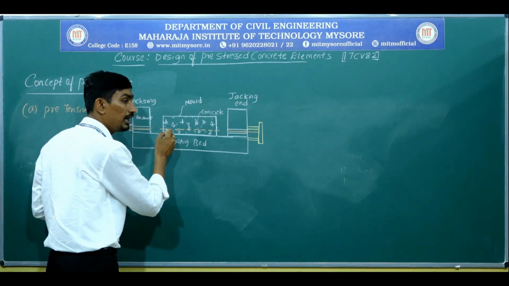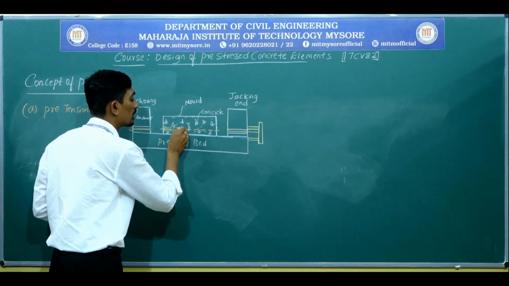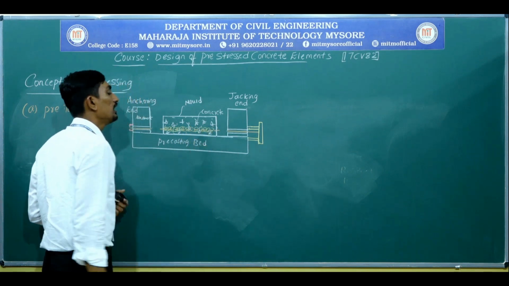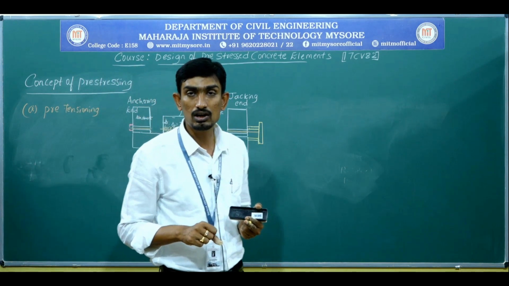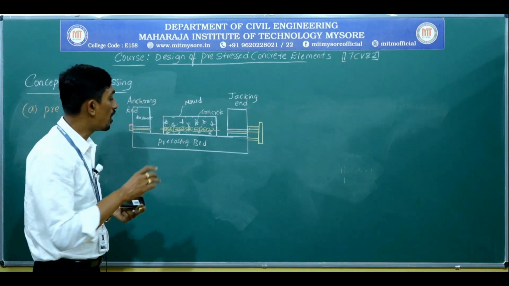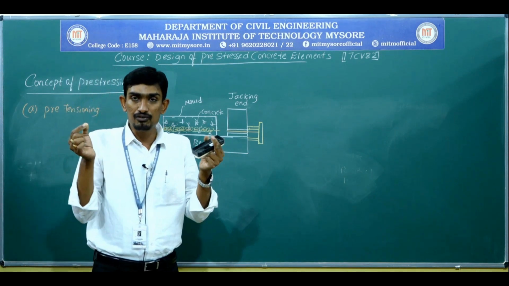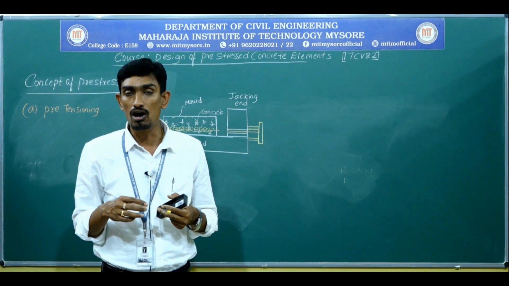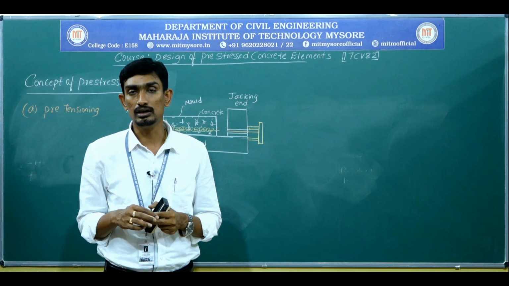So how will it be? The concrete that has been poured and surrounds the reinforcement will bond with it. So the reinforcement accommodated inside the mold, in the concrete, will not undergo any shortening or change in length.